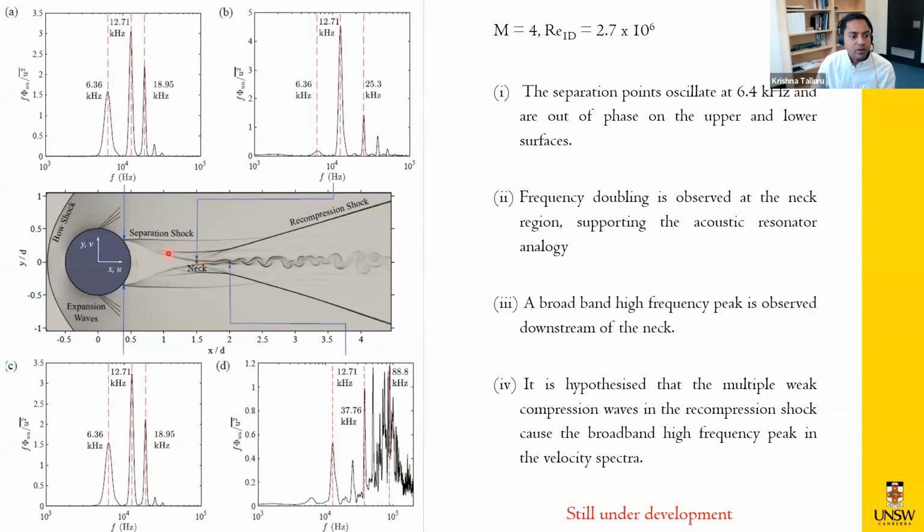And we believe that all those weak compression waves are contributing to form this broadband high frequency peak in the velocity spectrum. As I said, this is still under development. We want to do a deeper dive into the simulation data to provide much stronger evidence for this.